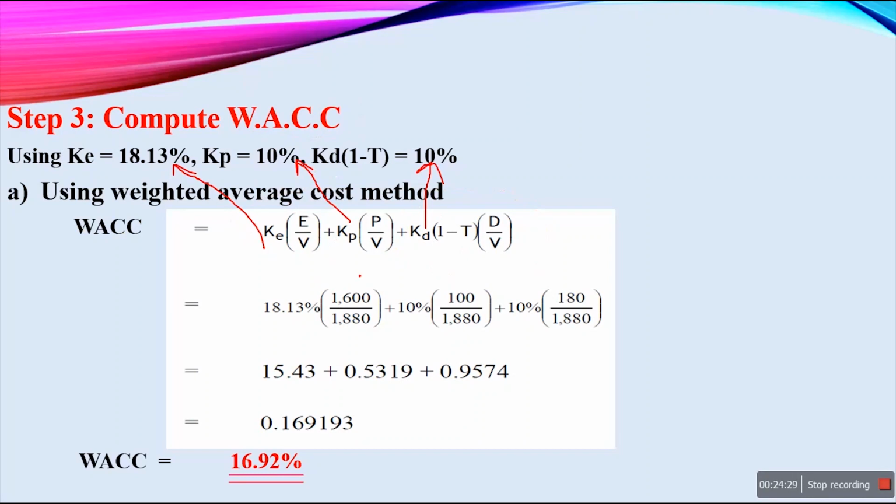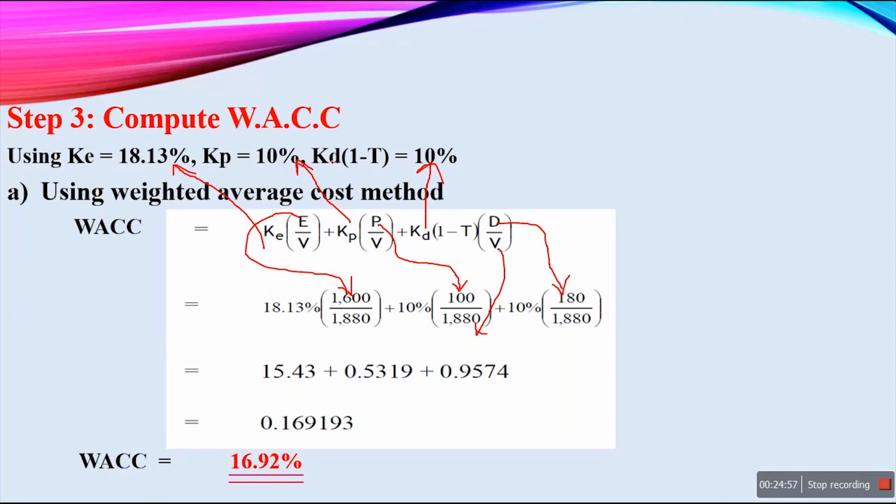Apart from that, we also found that the market value of equity was 1,600 million. Then the market value of preference shares was 100 million. Then also the market value of debentures was 180 million. Then the total, which is our V, was 1880.